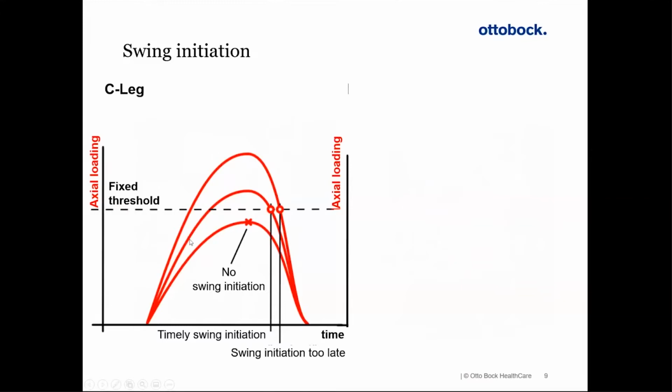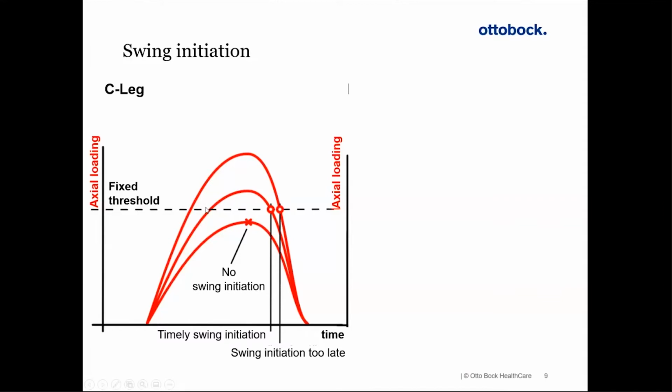That is the reason why patients who walk with an irregular gait pattern or with shuffling steps sometimes don't reach that threshold, because the axial load that goes through the knee is not big enough to reach that fixed threshold. In K3 and K4 patients, that's usually not the problem because they walk briskly and usually reach that threshold to initiate swing.